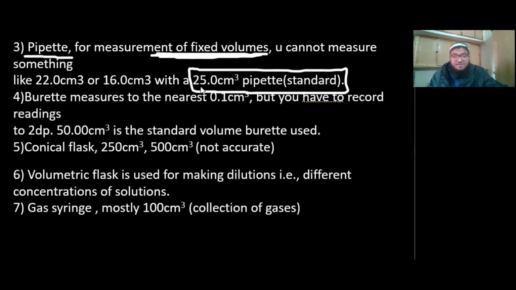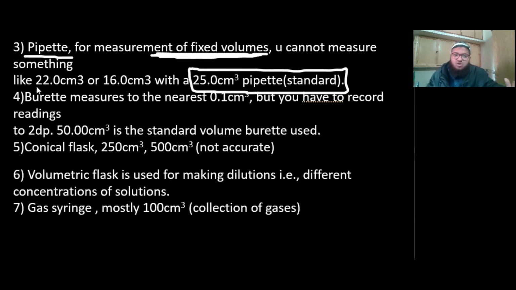Now a 25 cm³ pipette only has a mark at 25 cm³ and doesn't have a mark below that. So it's like an all or none situation: you either fill the pipette fully or you don't fill it at all. The pipette can only be filled fully.